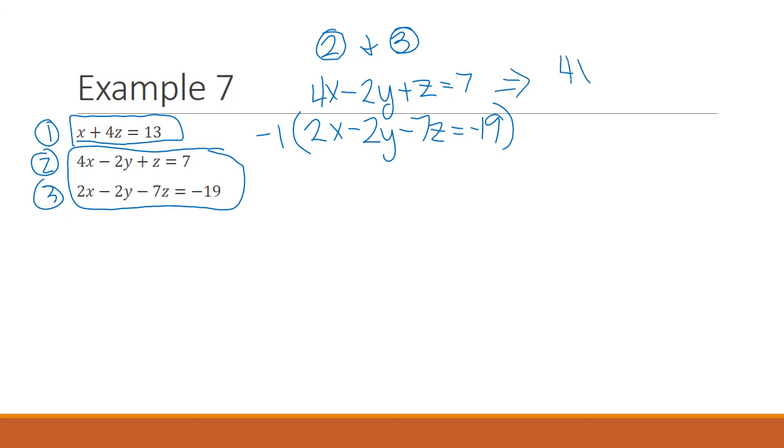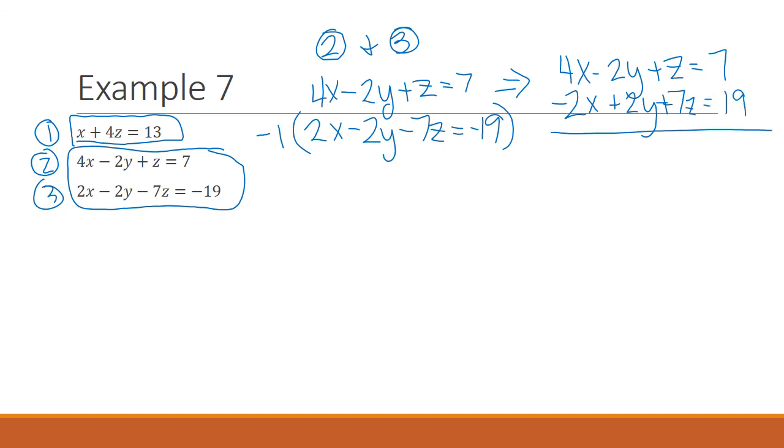So that means I'll have 4x minus 2y plus z equals 7, and on the bottom I have minus 2x plus 2y plus 7z equals 19. Okay, so now if I combine these, my y's cancel out. I've got 2x plus 8z equals 26. Okay, so 2x plus 8z equals 26.